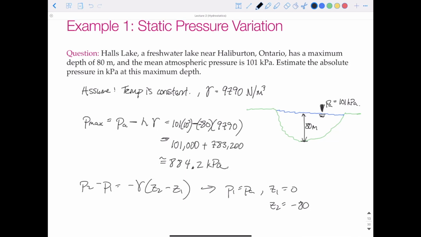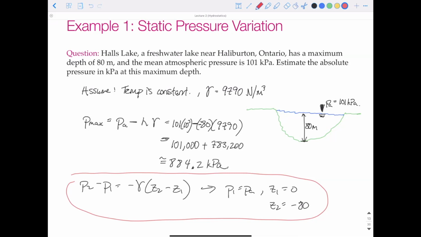And we get the same answer. So I find this may be easier.